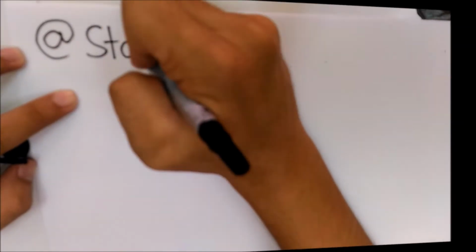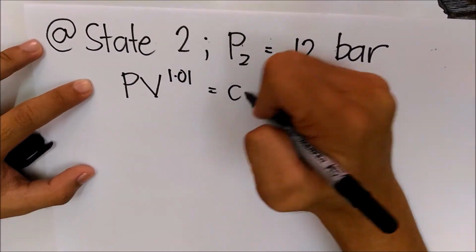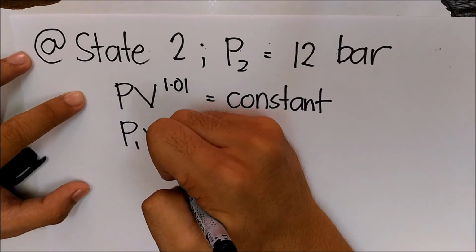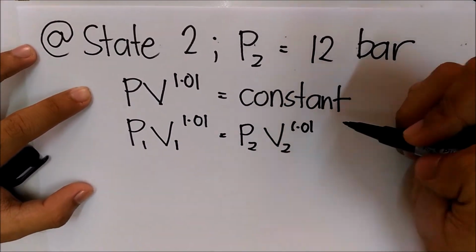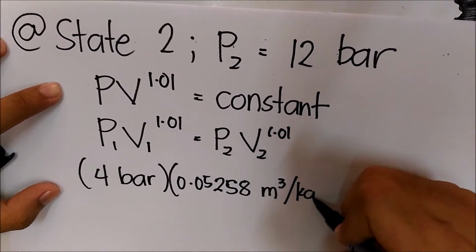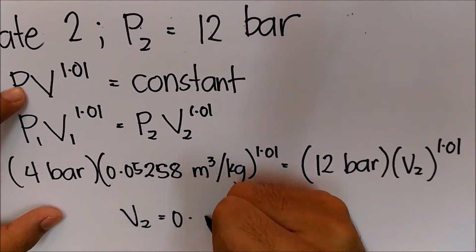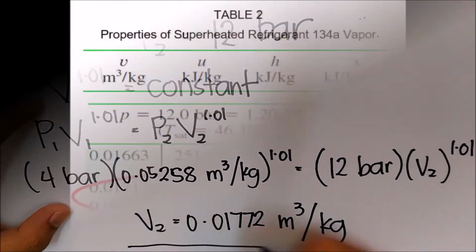At state 2, pressure 2 is equal to 12 bar, where the formula to be used is pressure 1 times volume 1 raised to 1.01 is equal to pressure 2 times volume 2 raised to 1.01 to get volume 2. Volume 2 is equal to 0.01772 cubic meter per kilogram.